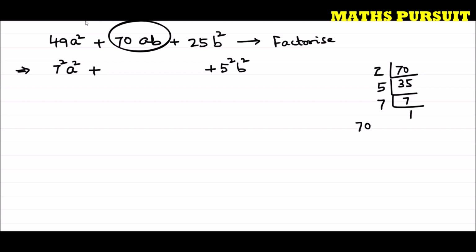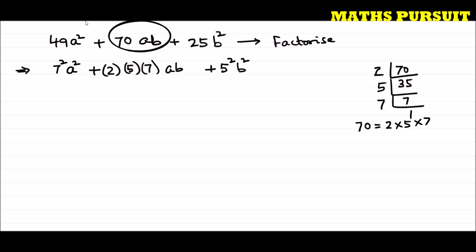So you could see that the factors of 70 are 2 into 5 into 7. Let me put it here: 2, then 5, then 7, then I will write ab as it is.